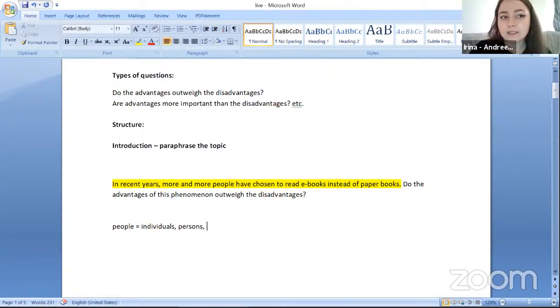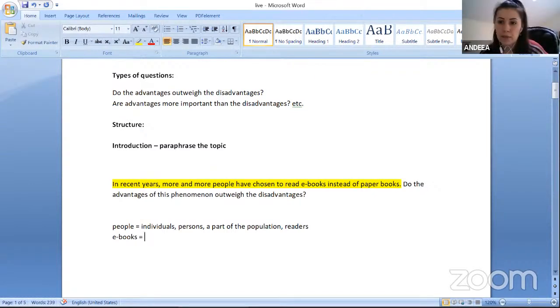In this case, we can use a part of the population, for example. So it doesn't have to be an exact synonym, just to have the same meaning. We can use readers, for example, because this is what we are writing about. People who read.